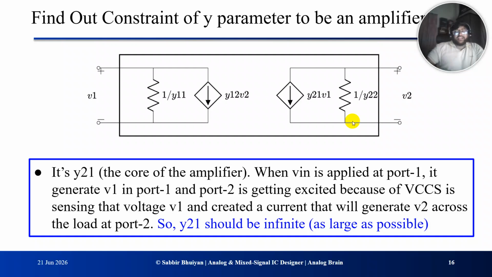That injected current develops V2 across the load. So Y21 is literally the mechanism doing the amplifying. It converts an input voltage into an output current. That conversion ratio is a transconductance. So unlike Y11 and Y12, which we want to kill, we want Y21 to be the largest possible, ideally. So Y21 tends to infinity and Y12 should be 0.